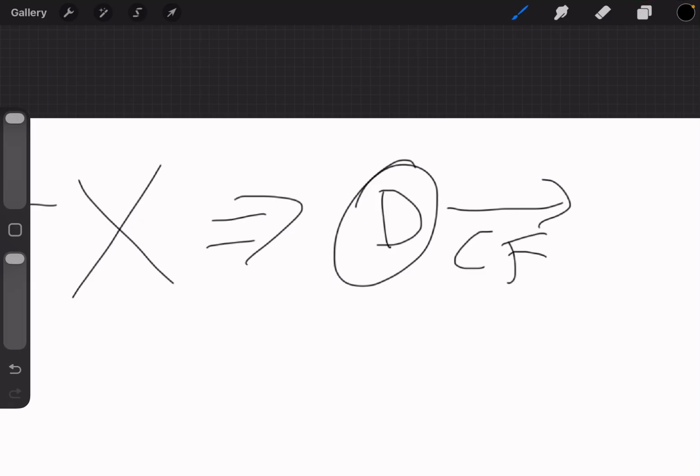The reason for this answer is because an altitude is perpendicular from a vertex to the opposite side, and only CF is shown with the right angle mark. So this contradicts my answer.